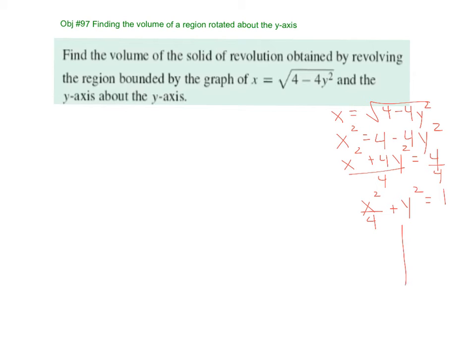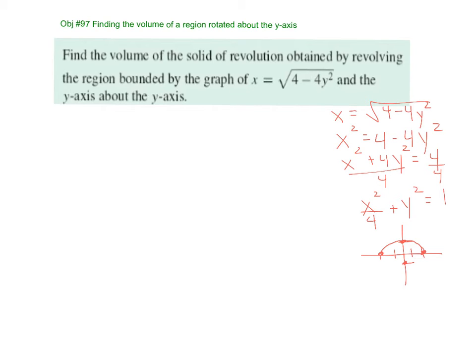This is an ellipse. Now, when I did this problem, I messed up my graph, so I messed up my bounds. We need to know what this looks like to accurately graph it. So the radius for the x side is going out to 2, and the y is going out to 1.